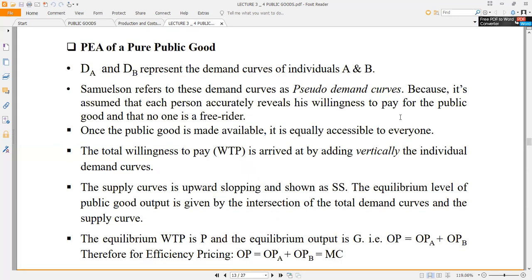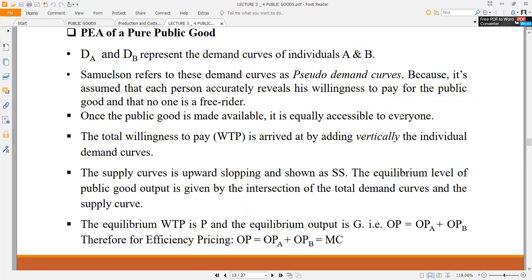Okay, so what we need to understand is that because you cannot prevent me from consuming the good, you have to be begging me. Okay, so here we don't force people. We use the principle of willingness to pay. Okay, am I willing to pay? If I am not willing, you can't force me.